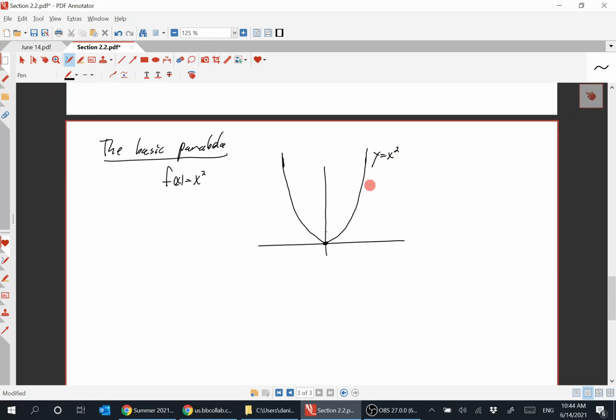Now all quadratic functions will basically be riffs on this that we'll see later. So again, this is the x-axis, this is the y-axis. So here's the origin, right? F of 0 is 0. And then f of 1 is 1, but it's also the same as f of negative 1.